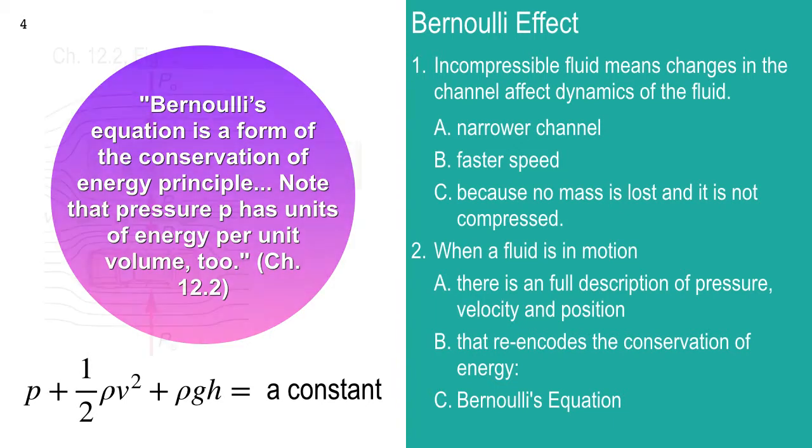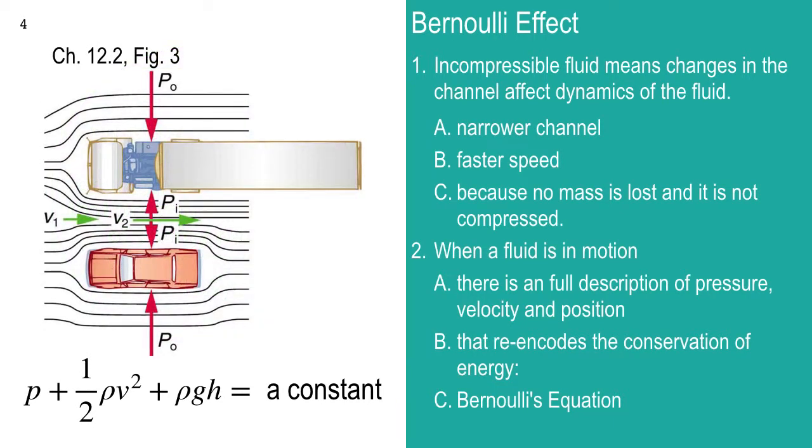Right now, an example of Bernoulli's equation is this: if you have a region where there's a high velocity, like between this truck and this vehicle, that's going a little bit faster there in the middle. You're going to have low pressure in there.